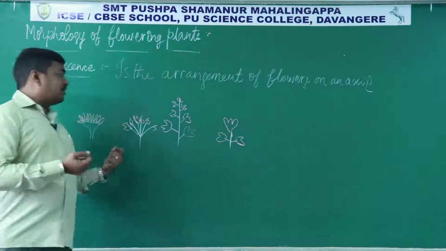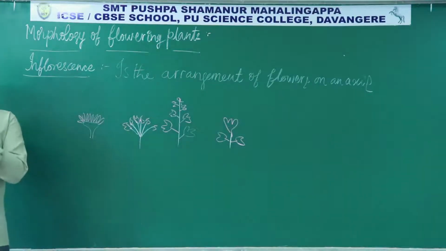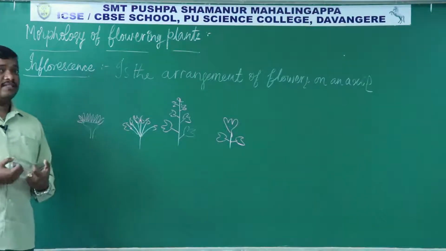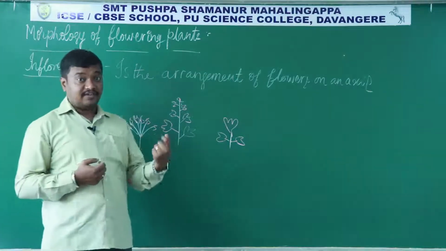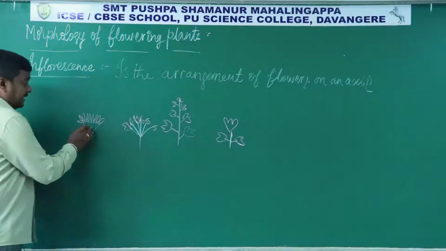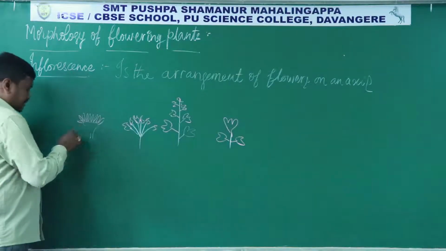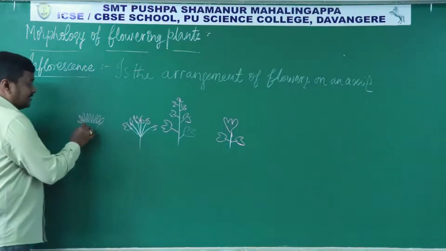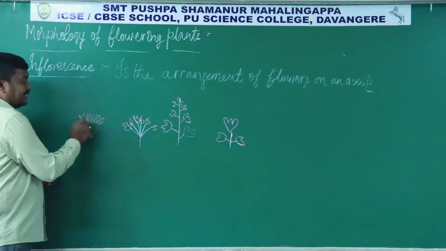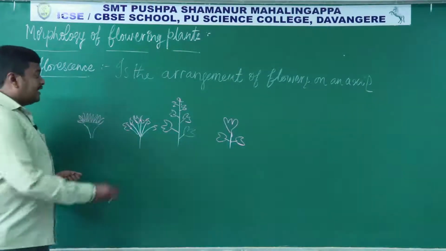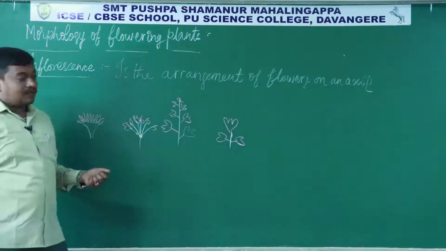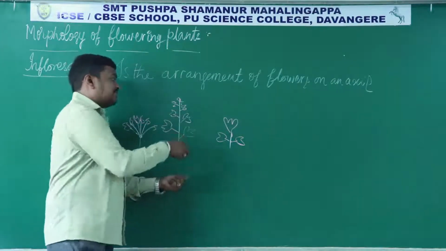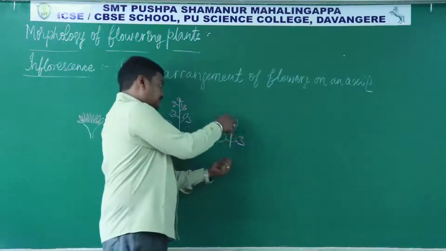All flowers don't have the same pattern of arrangement. Different plants show different patterns of arrangement of flowers. If you observe the sunflower, the arrangement is almost like this, and the flowers are arranged like this. In onion, the arrangement of flowers is like this. In mustard, the arrangement is like this. In jasmine, the arrangement is like this.